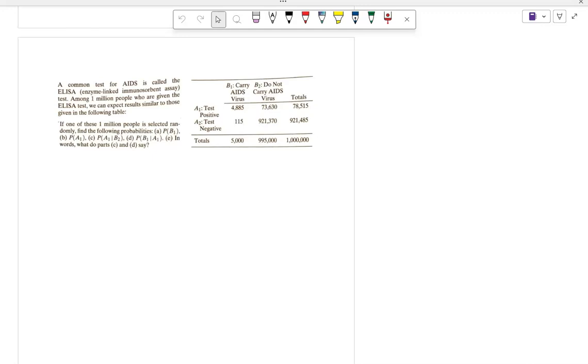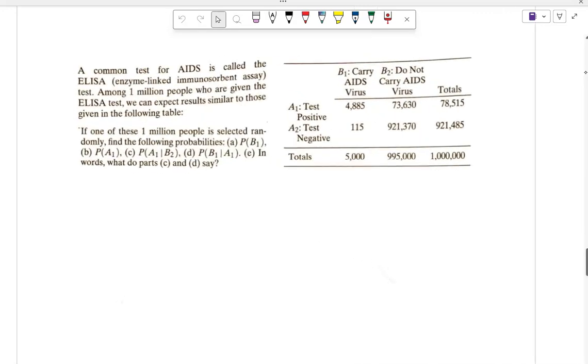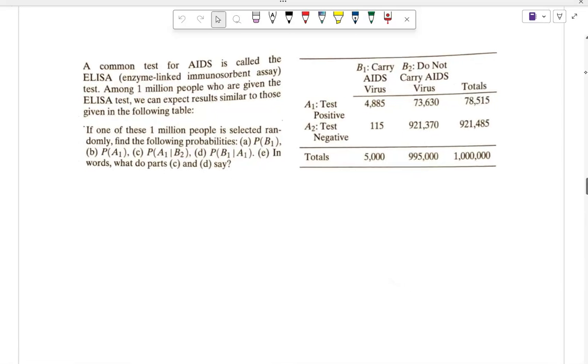All right, so if we just look at the first two parts where they ask for the probability of B1, what would you look at for the probability of just B1 all by itself there? Okay, yeah, so there's 5,000 in the B1, right?